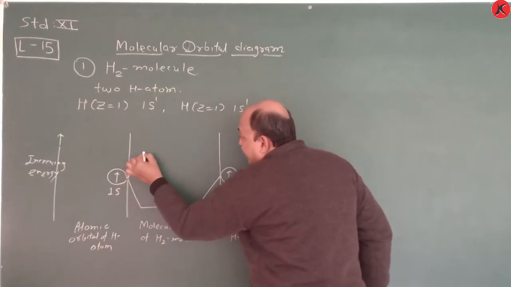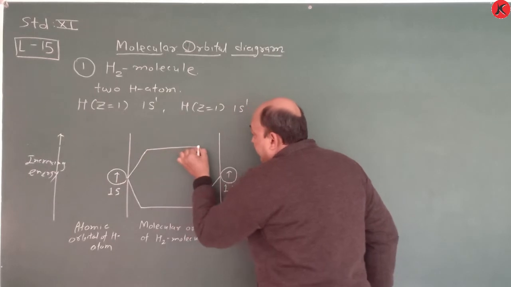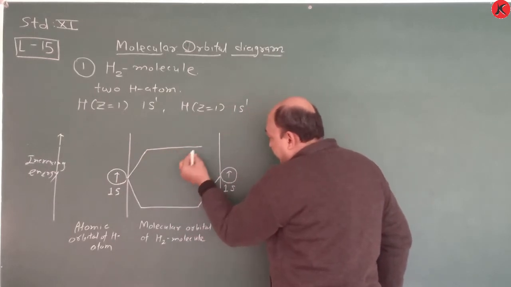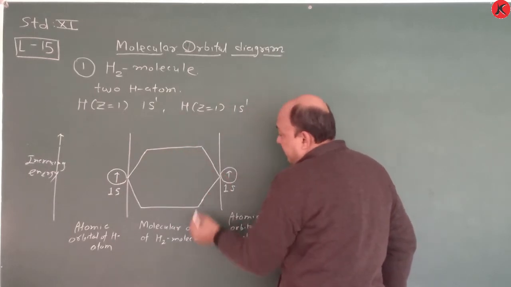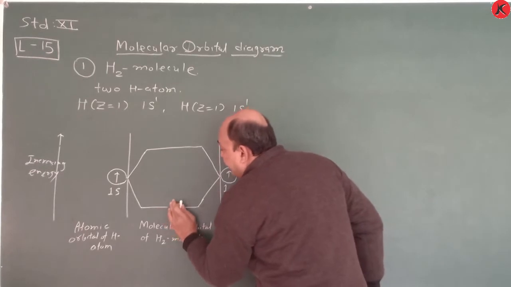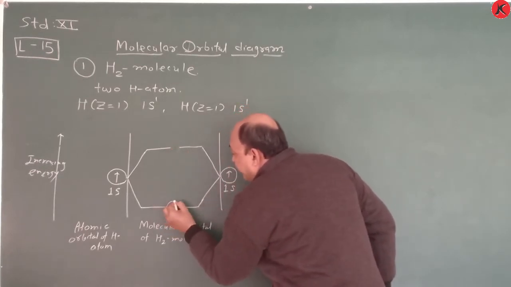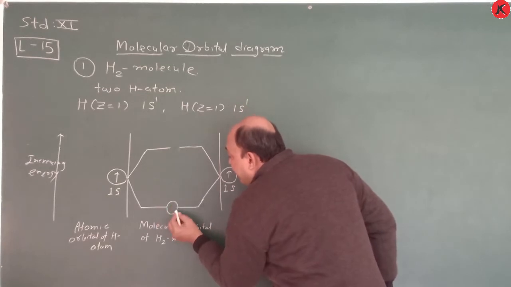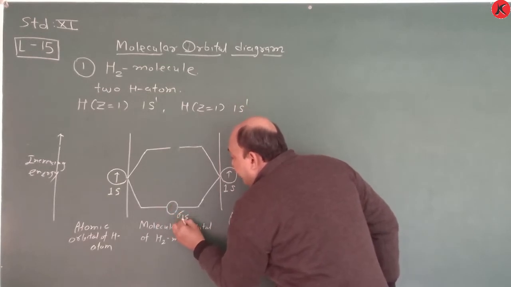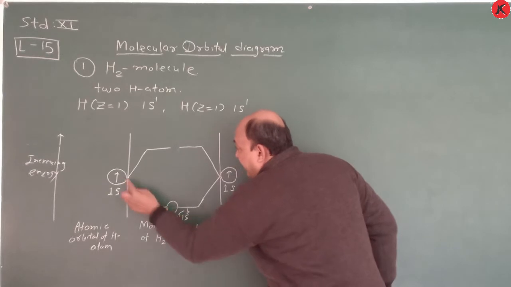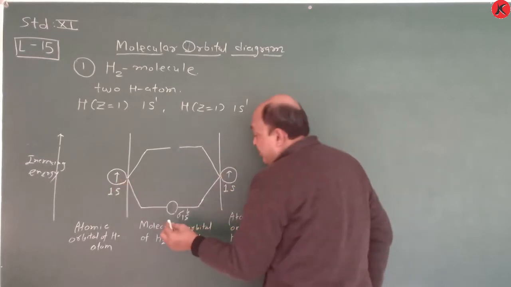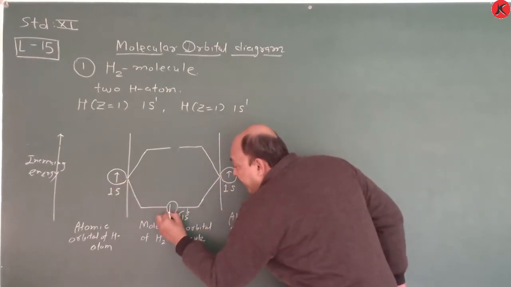Here you take sigma 1s bonding, and two electrons are there, that's why they are paired.